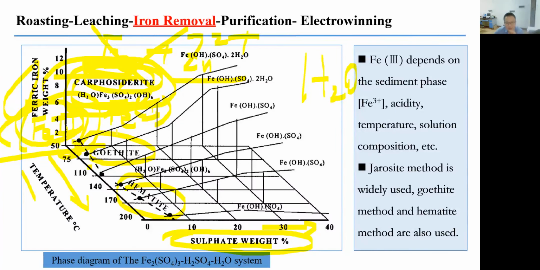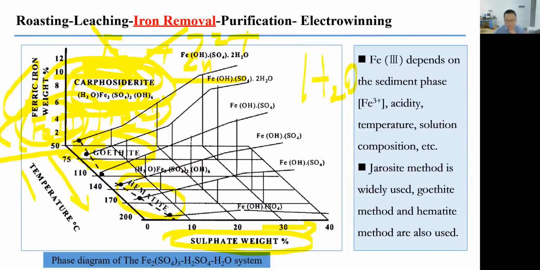Another one is goethite. When we would like to precipitate iron as goethite, we have to control the ferric ion in the solution phase. It should be less than 2 grams per liter, or less than 4 grams per liter. And the goethite precipitation can be realized at ambient atmosphere, because the temperature is around 75 degrees C.